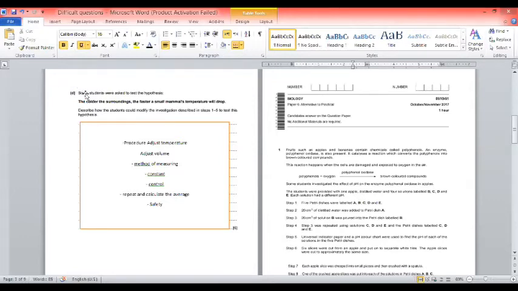Like here, some students were asked to test a hypothesis. What is the hypothesis? The colder the surrounding, the faster a small mammal's temperature will drop. Describe how the student could modify the investigation described in steps 1 to 5 to test this hypothesis.